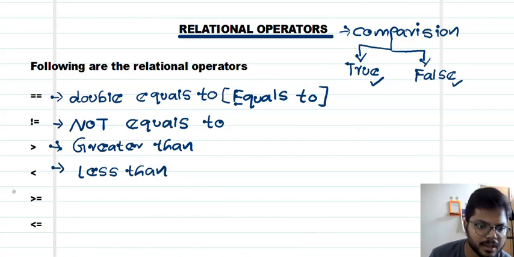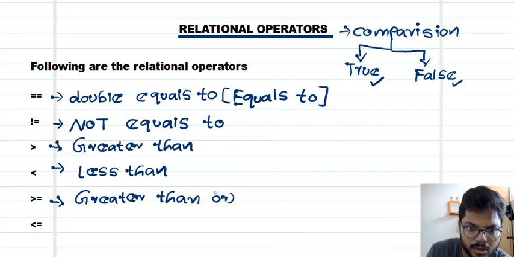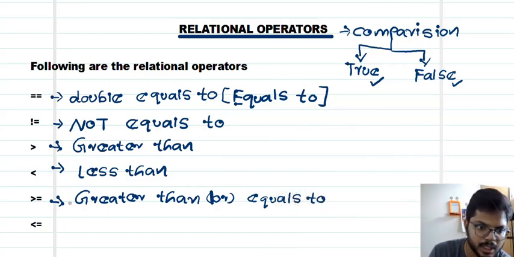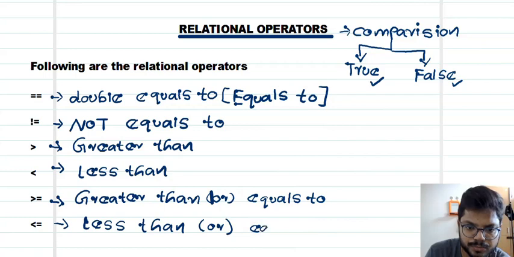And it is called greater than or equals to. And the final one is nothing but less than or equals to.